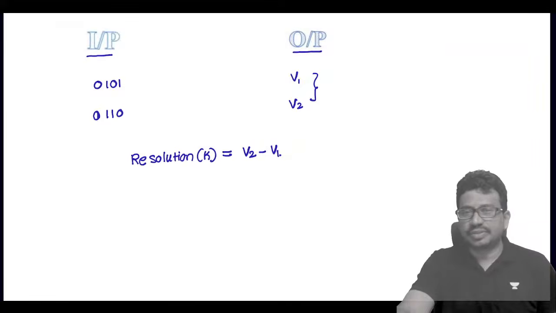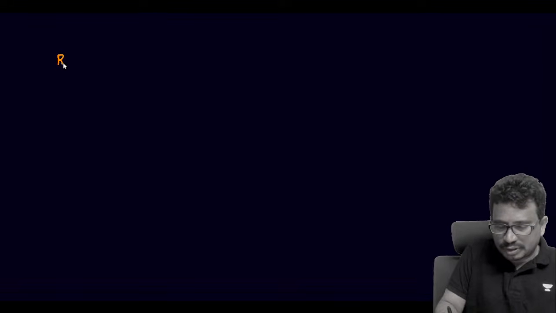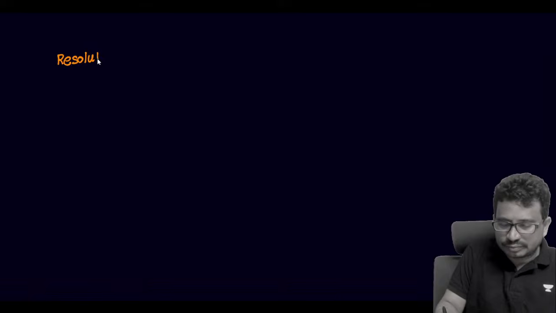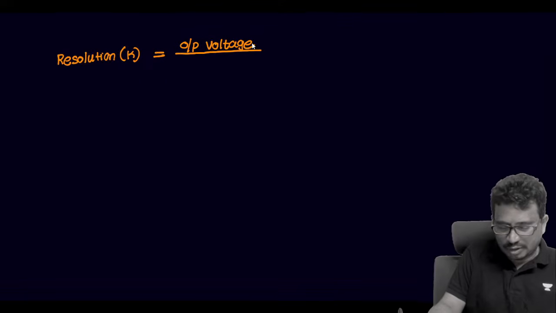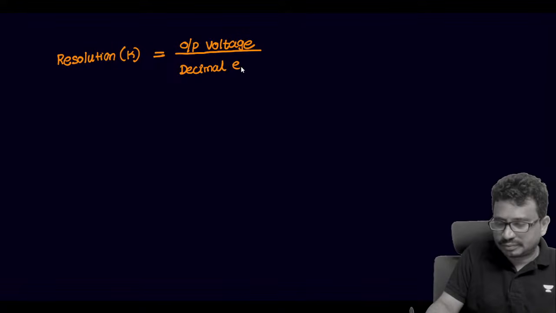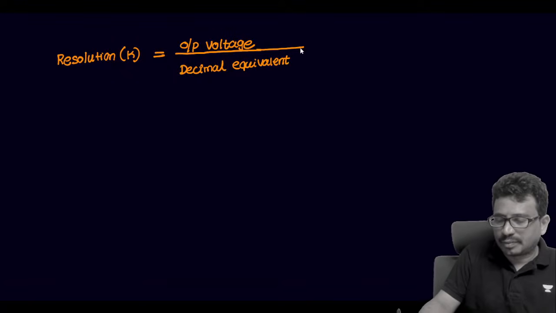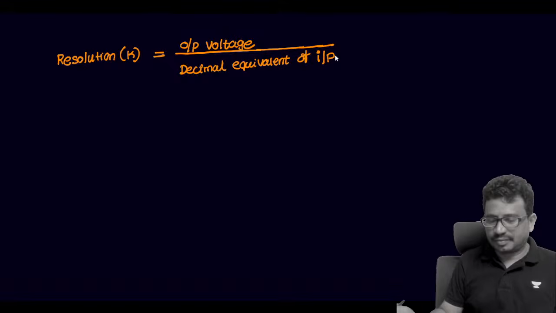So from this, the resolution formula is: resolution K equals the output voltage divided by the decimal equivalent of the input.